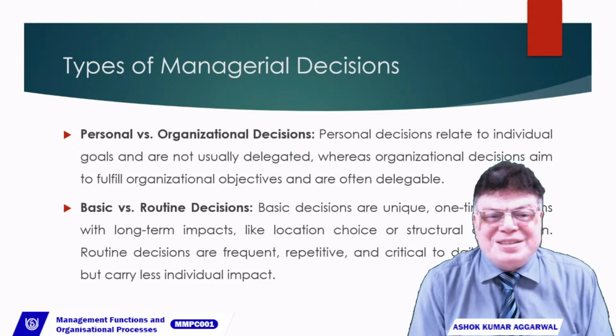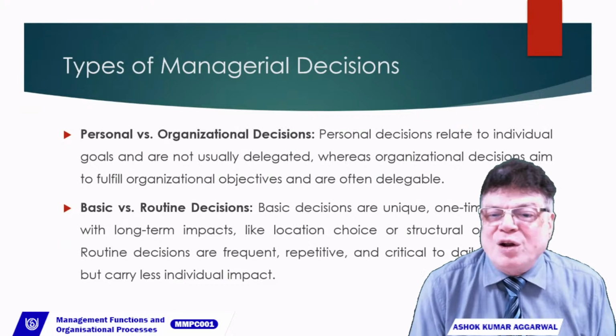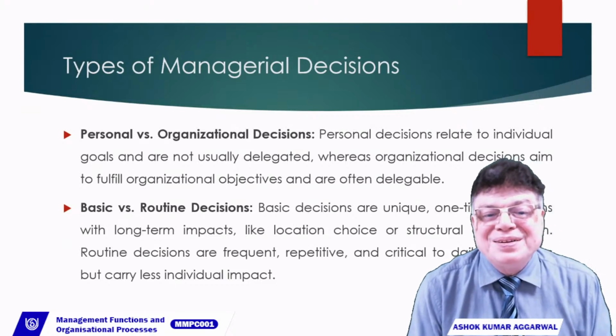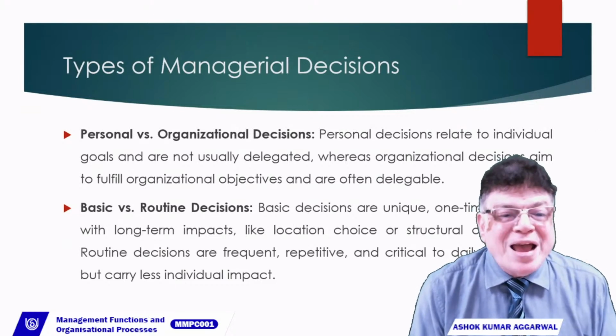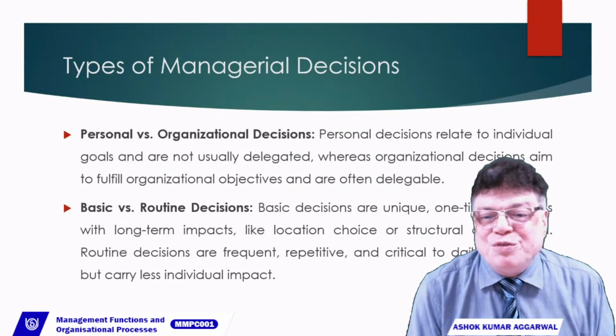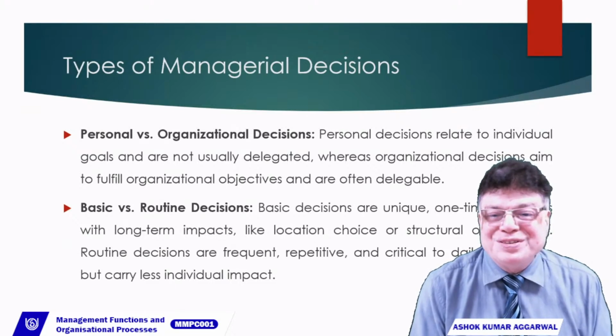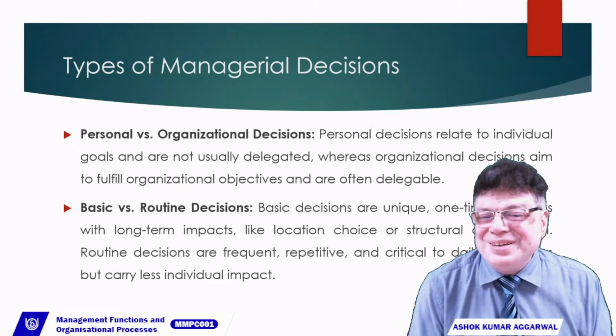Whereas organizational decisions aim to fulfill organizational objectives and are often delegable. Say, for example, you are working in a bank as a branch manager, you have to fulfill the targets. So whatever your superiors, your zonal office, guide you, you have to do accordingly.